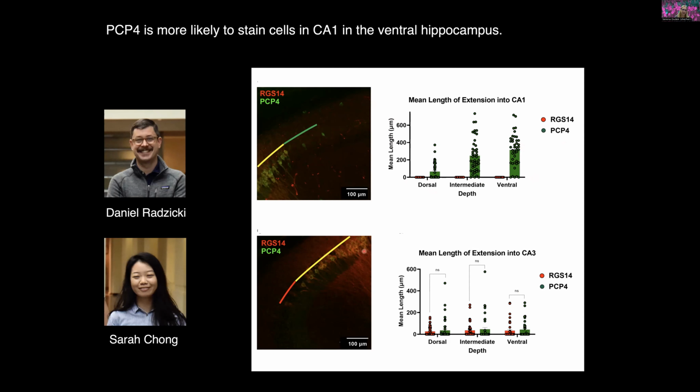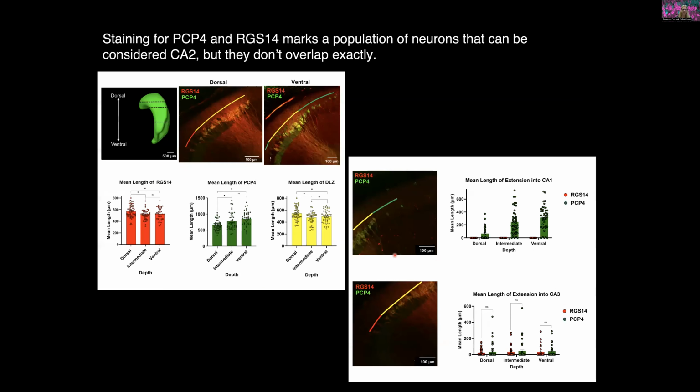The flip side is that RGS14 trickles a little more into CA3, but doesn't really differ from PCP4 there, and doesn't seem to vary by dorsal-ventral axis.